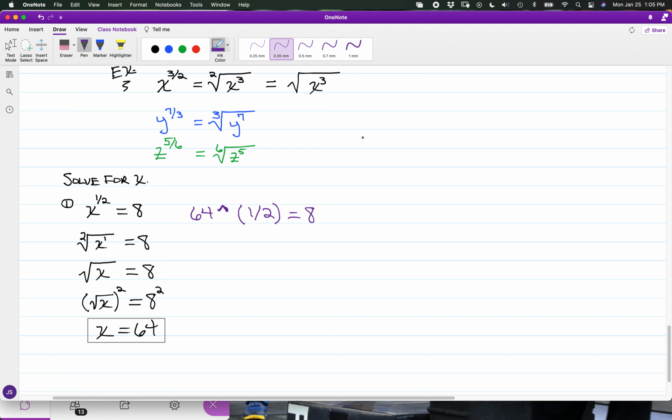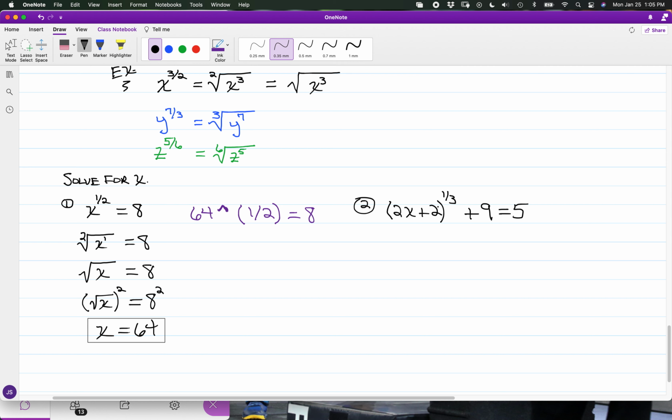All right. And let's say we have the quantity 2x plus 2 to the 1/3, plus 9 is equal to 5, and I'm looking at solving for x.